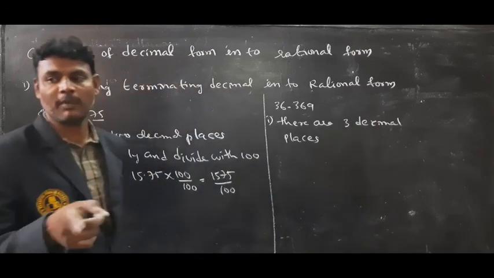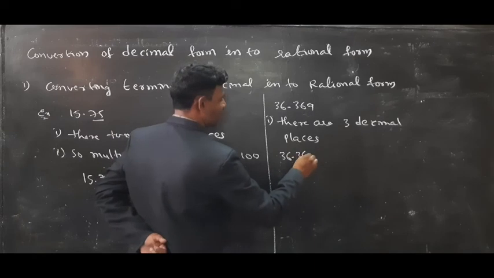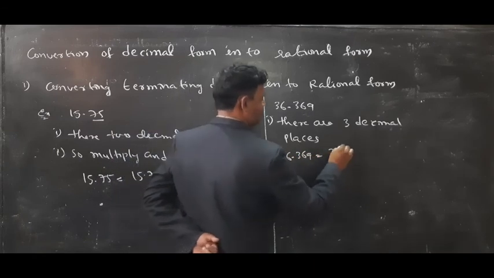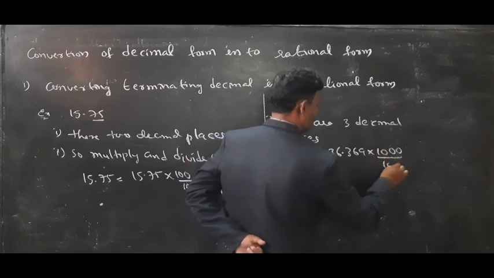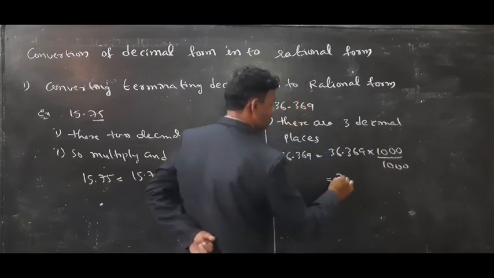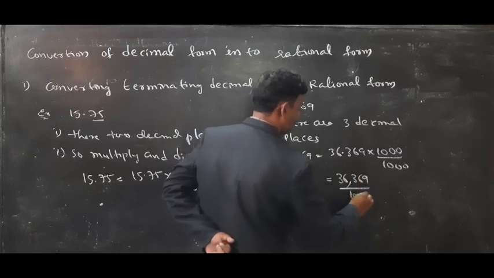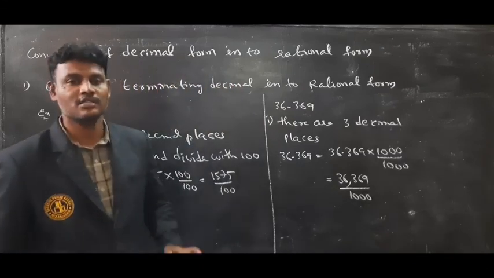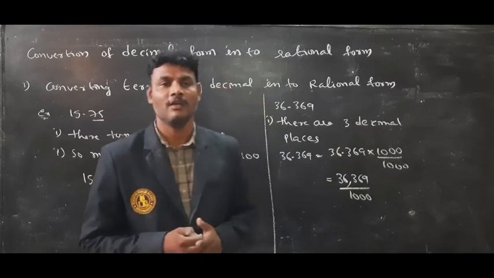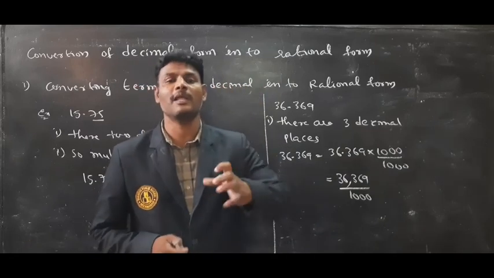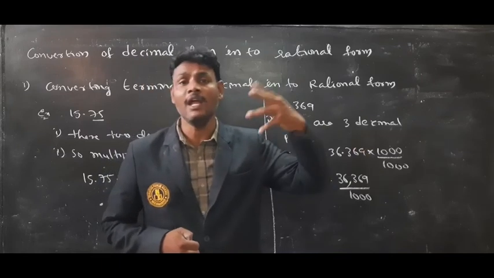So multiply and divide with 1000. 36.369 is equal to 36.369 into 1000 by 1000. So finally it is 36369 by 1000. Okay. To convert a terminating decimal into fraction form, first you have to count how many decimal places there are. So according to the decimal places, you multiply and divide.